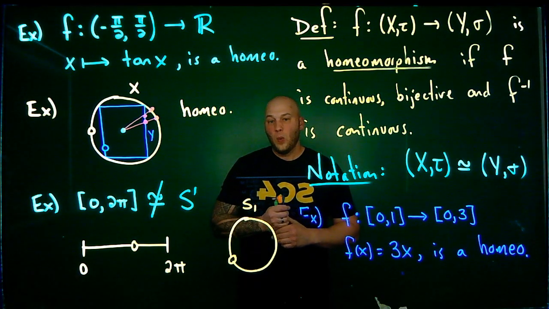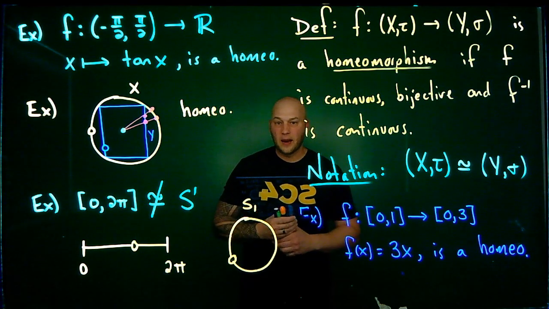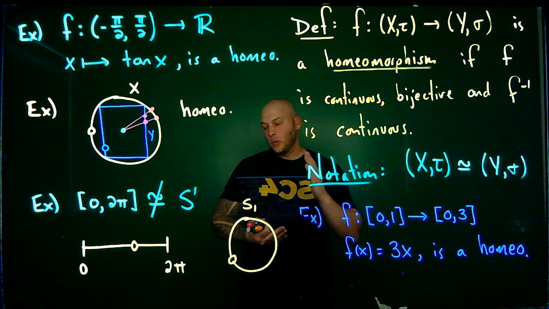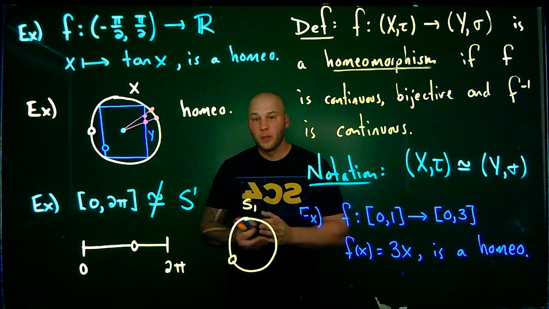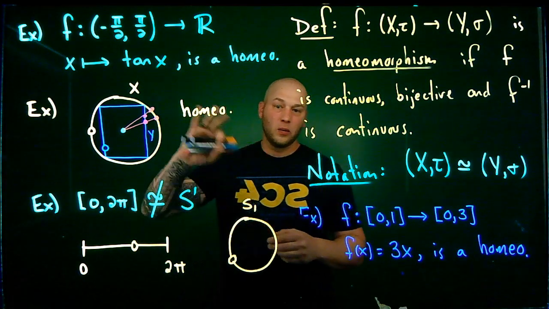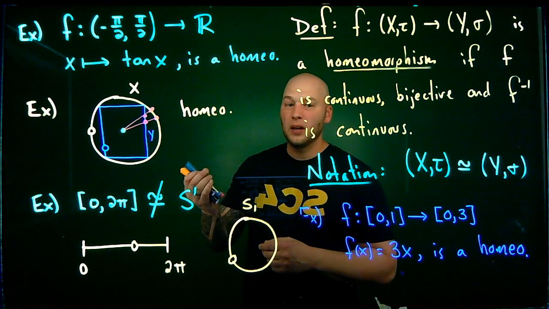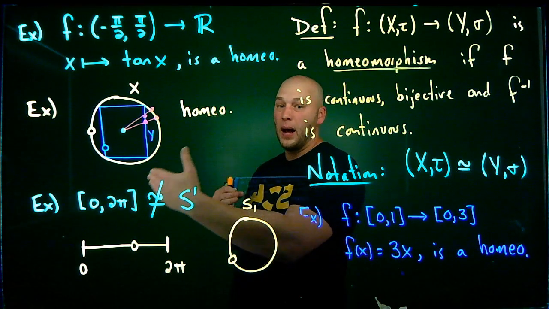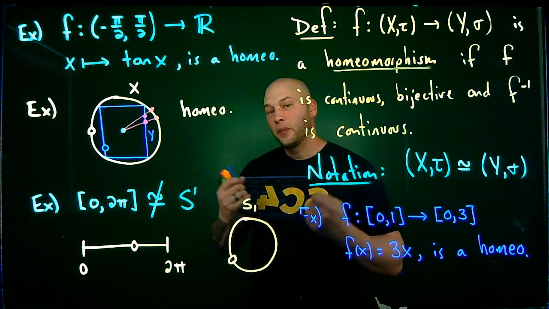Now, I'm basically just going to let the cat out of the bag here. When we talked about the idea of connectedness, if you haven't watched the video, take a look at it, the idea is that connectedness is written in terms of the topology, therefore it is a topological property.